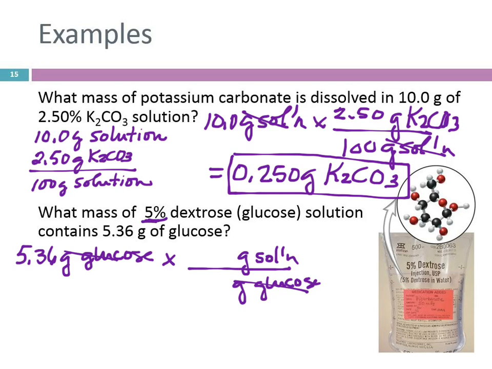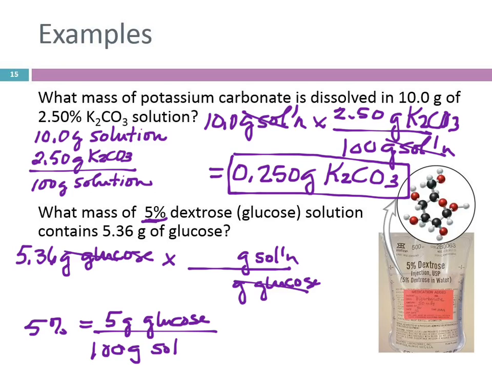Then I've got this 5%. So 5% means 5 grams of glucose per 100 grams of solution. So I need to keep 100 grams with solution. And we can't switch it up and say there's 100 grams of glucose in 5 grams of solution. It's not possible.